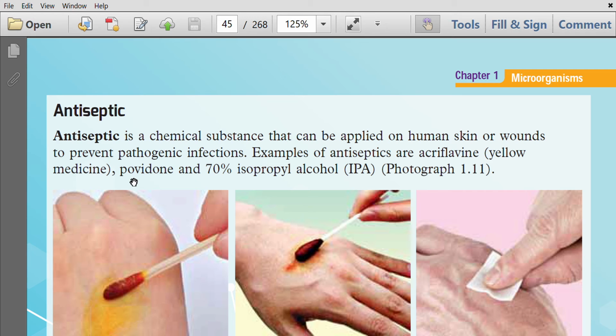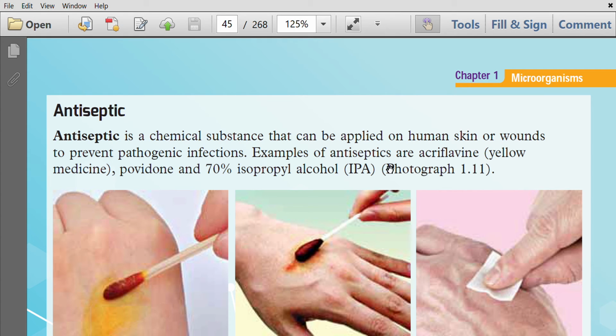Antiseptic is a chemical substance that can be applied on a human skin or wound to prevent pathogenic infections.